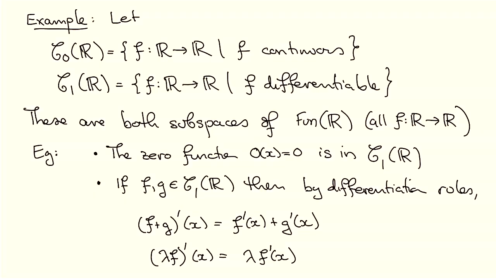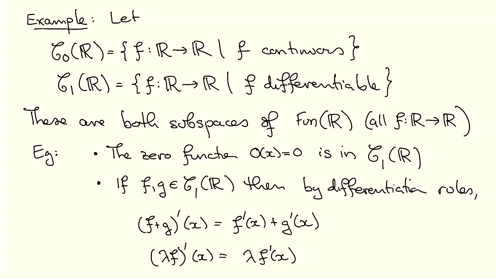They're both subspaces of all functions. Why? Because of the subspace criteria. So let's just check. Let's do C1, for example. The zero function's there, so it's non-empty, because the zero function is certainly differentiable. 0x equals 0, that's the zero function.